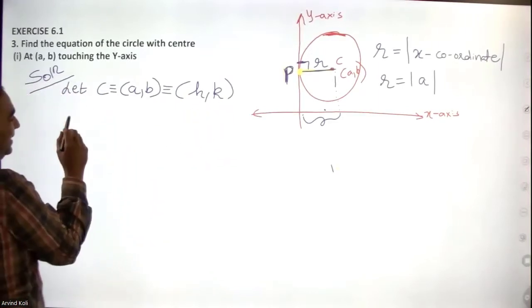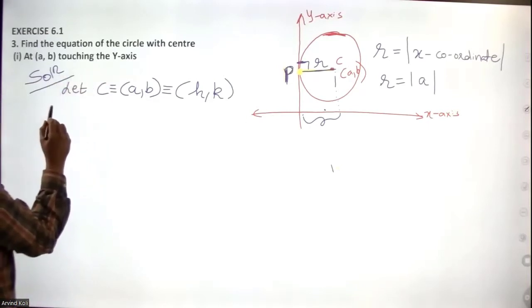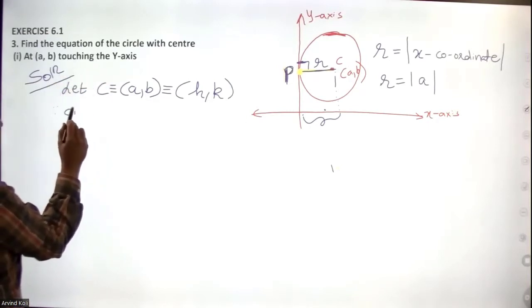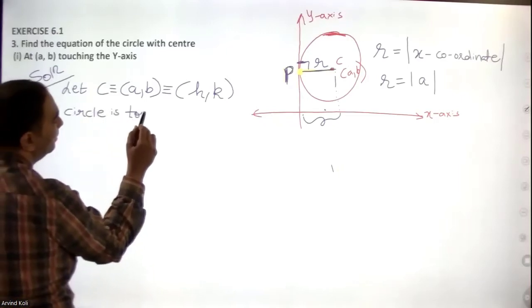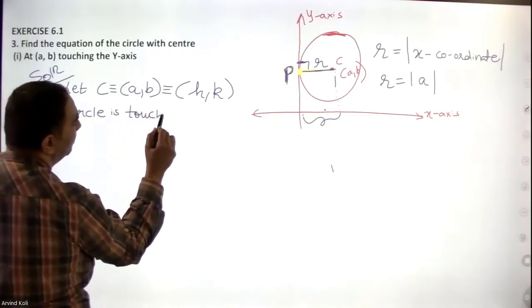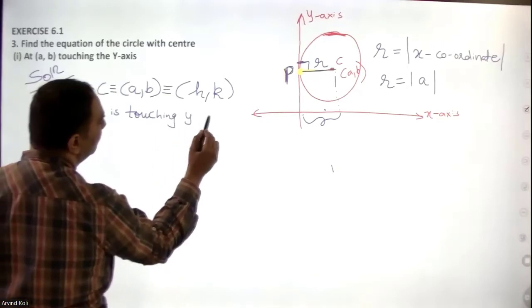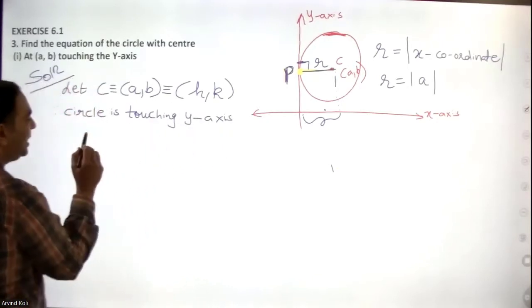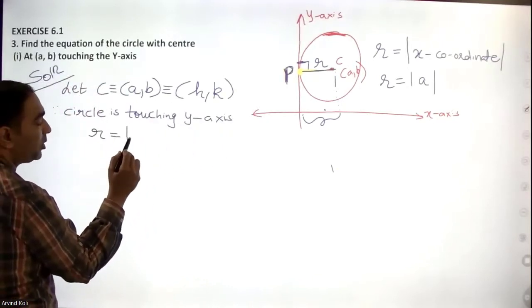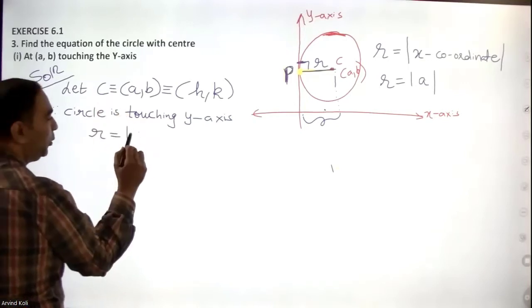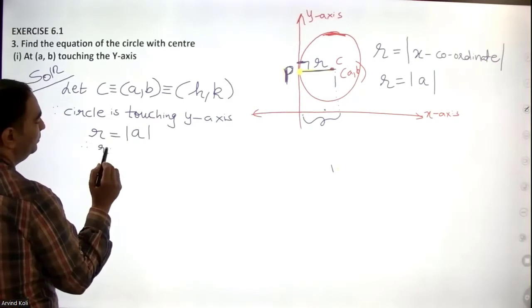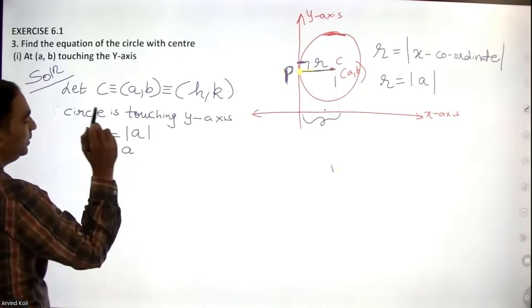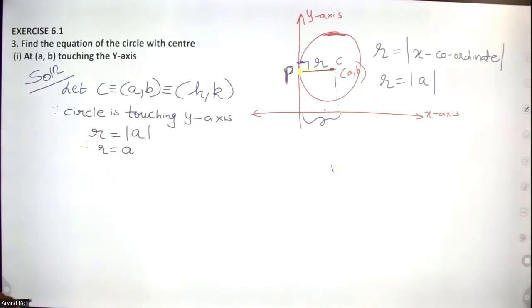Now, since the circle is touching the y-axis, radius will be equal to modulus of the x coordinate, which is equal to a. So therefore, radius is equal to positive a.